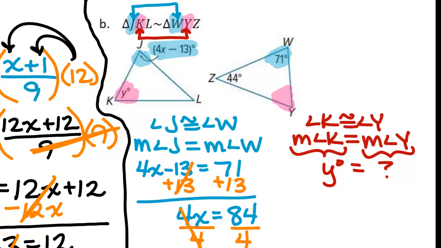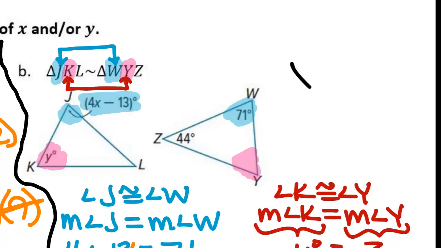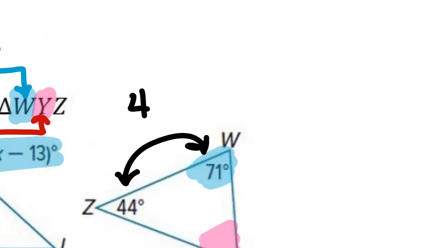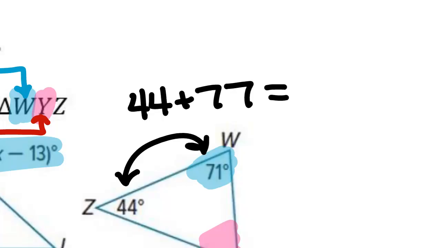Do I have the ability to find that though? Yes, because we know the three angles in a triangle add up to how much? Add up to 180. So let's add these two angles together and minus it from 180. 44 plus 77 would give us what? Or 71, thank you.